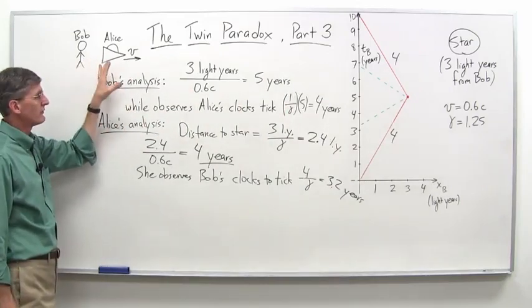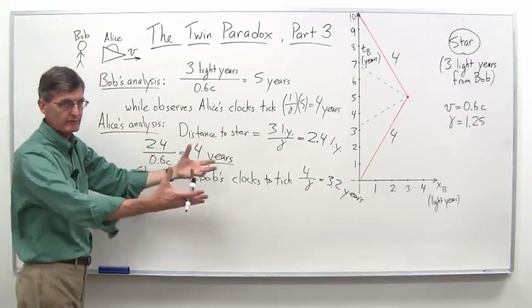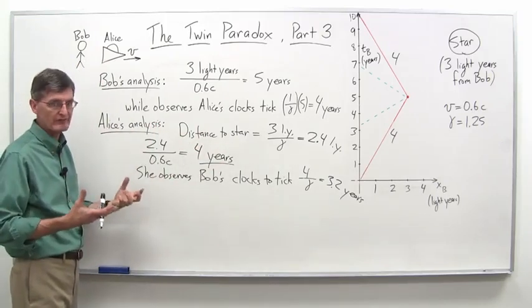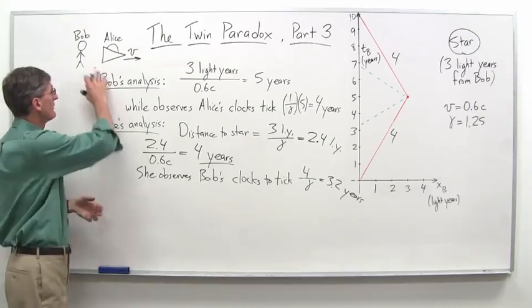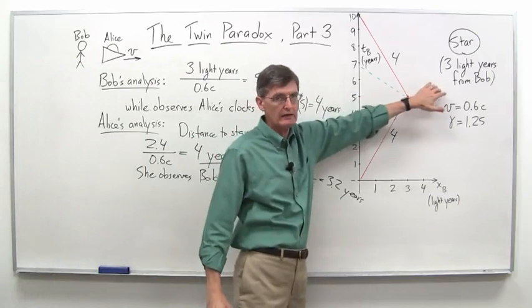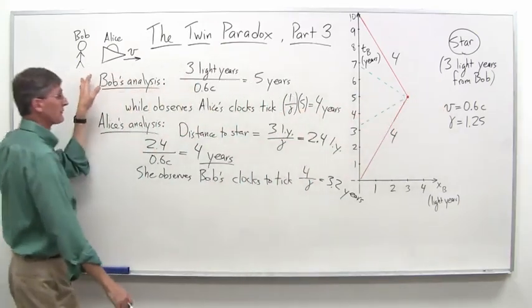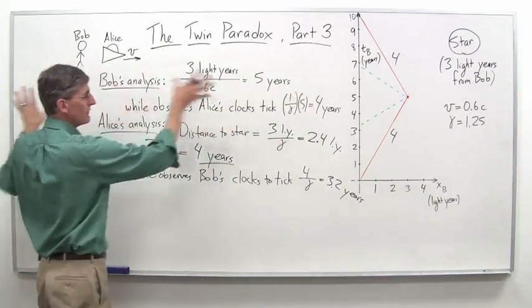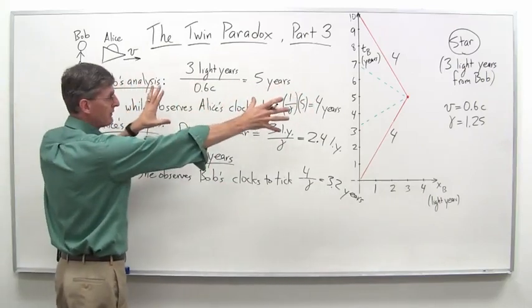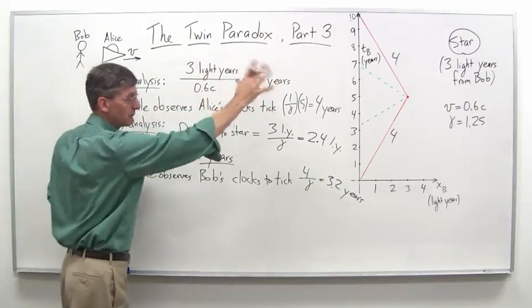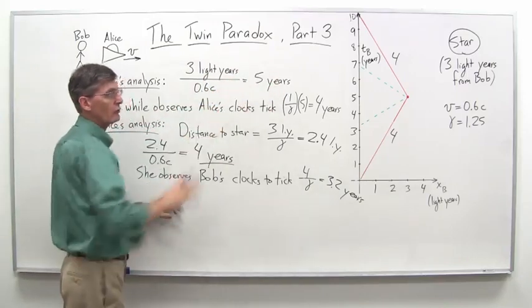So when the star starts coming toward her at velocity 0.6 c, if Bob's clock is at 0, Alice observes this clock to be ahead of Bob's clock on the planet. Again, leading clocks lag, so I've got two clocks that are moving in this direction compared to Alice. So Bob's clock is going to be the one lagging, and the star clock belonging to Bob's lattice is going to be the one ahead.